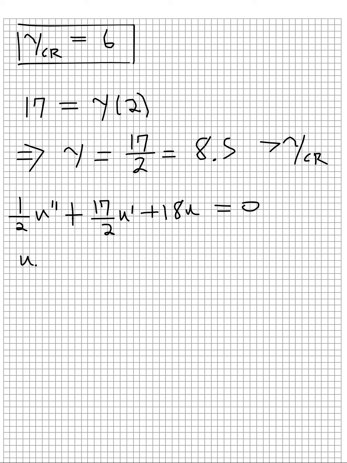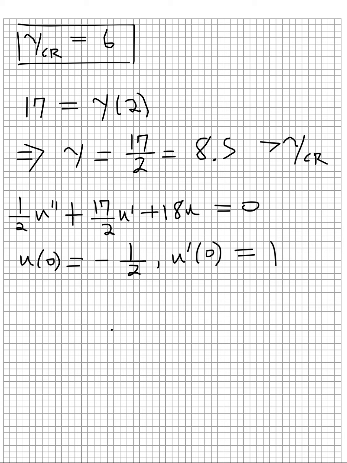And for our initial conditions, we have u of 0 is equal to negative 1 over 2, and u prime of 0 is equal to 1. Okay, so this one's a little messier than the previous example, so we'll do a couple of steps in leaving it to you to fill in some of these blanks.